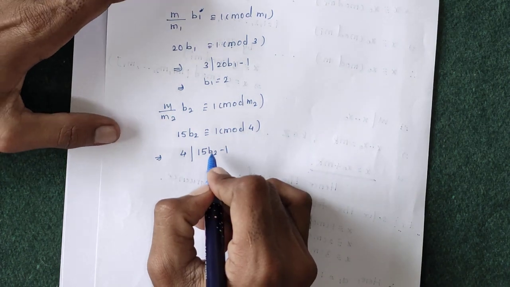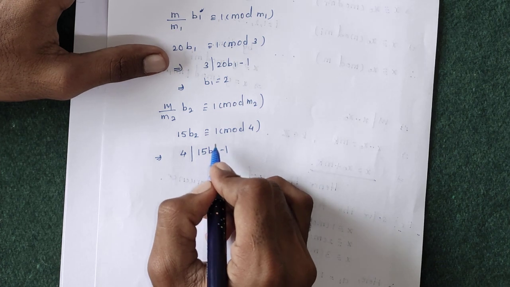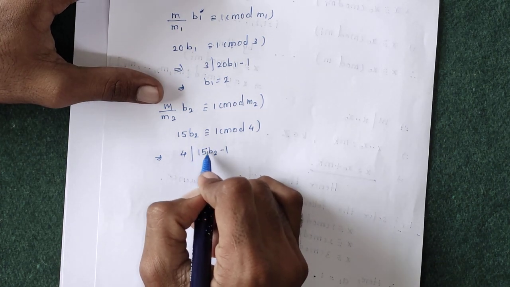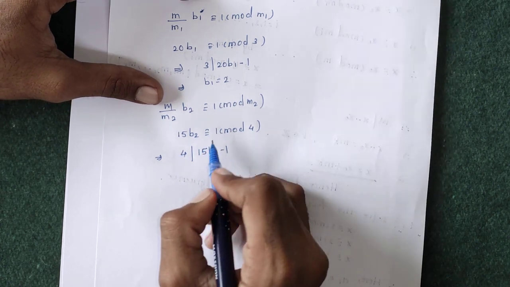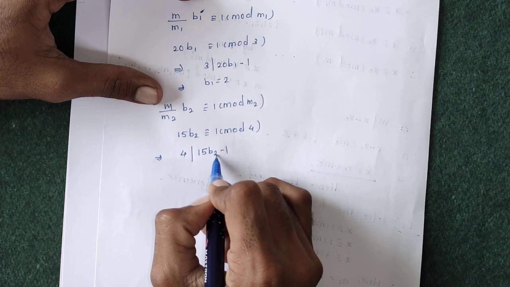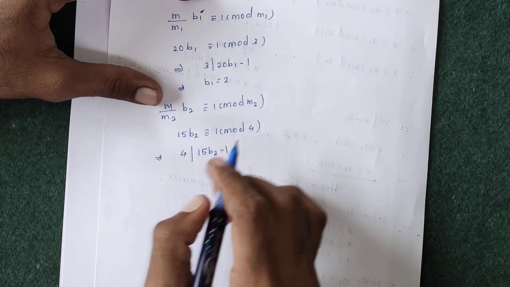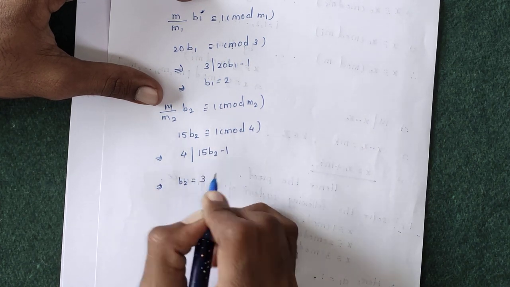If b2 is 1, then 15 minus 1 is 14, and 4 doesn't divide 14. If b2 is 2, then 15 2s are 30, 30 minus 1 is 29, and 4 doesn't divide 29. If we put b2 equal to 3, then 15 3s are 45, 45 minus 1 is 44, and 4 divides 44. This gives b2 equal to 3.